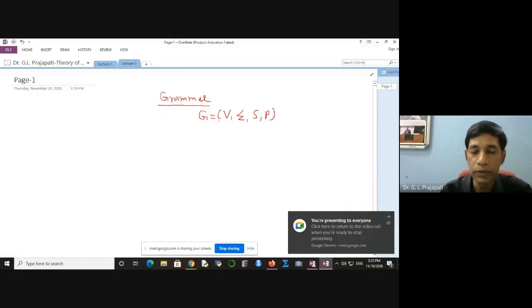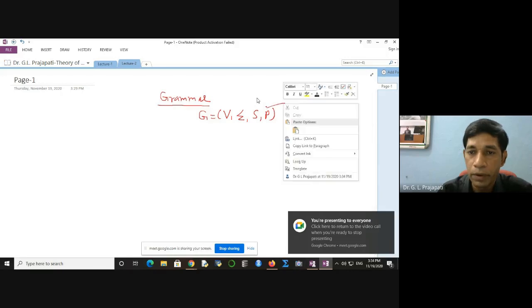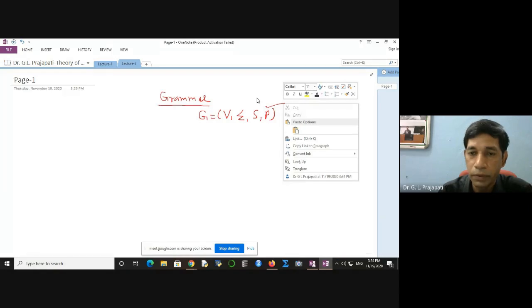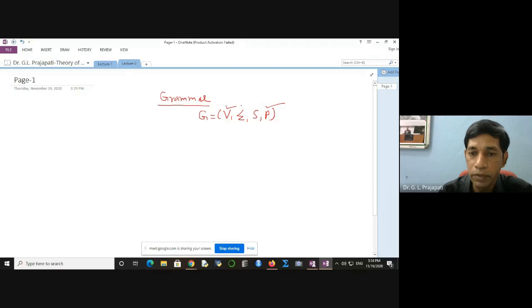Grammar is a four tuple, and once you are asked to construct the grammar for some given language, it means we need to construct the production rules of the grammar. Production rules are denoted by P here, and for generating the production rules, you need to keep some non-terminals, and you must have the terminals.